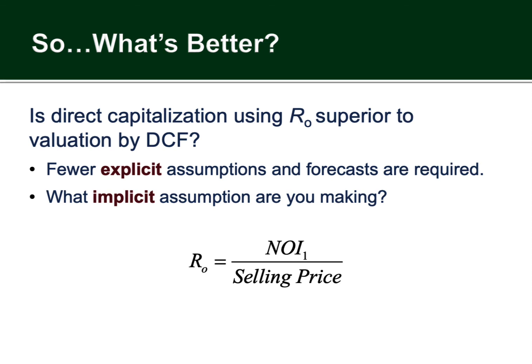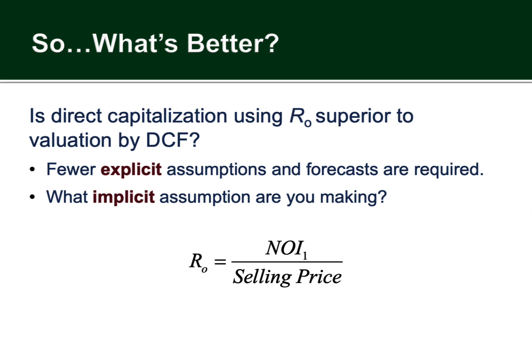If you're a commercial broker, you might spend a lot more time using and talking about just the direct cap approach because it's simpler, it's easier to understand. Not everybody has the financial modeling skills to do DCF models, particularly if they haven't had any formal college training in finance. So with the direct cap, its benefit is simplicity.